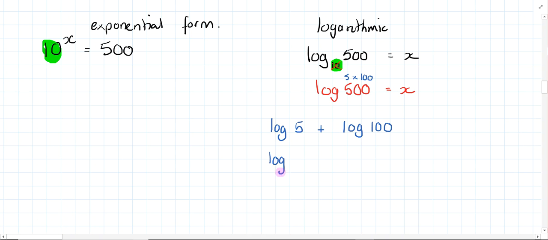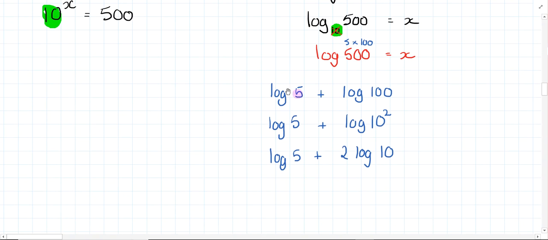The log to the base 10 of 5, well, that's still as it is. But I could write this as log to the base 10 of 10 squared. Yeah. Which would then be log to the base 10 of 5 plus what? 2 log to the base 10 of 10, which would be the same as log to base 10 of 5 plus... well, what did we say?